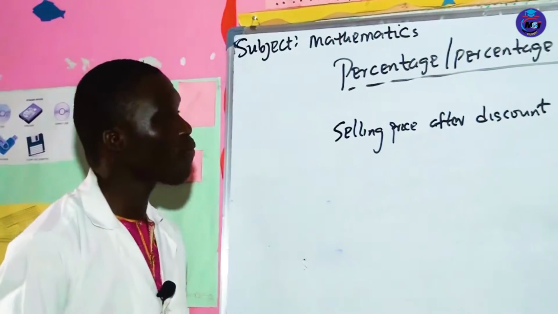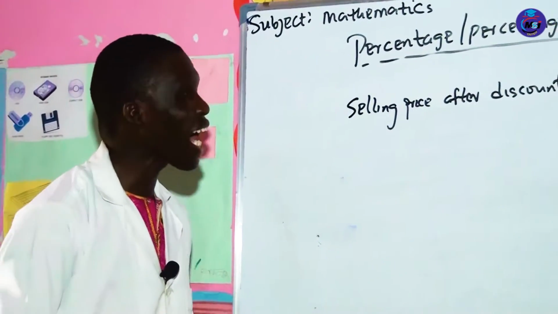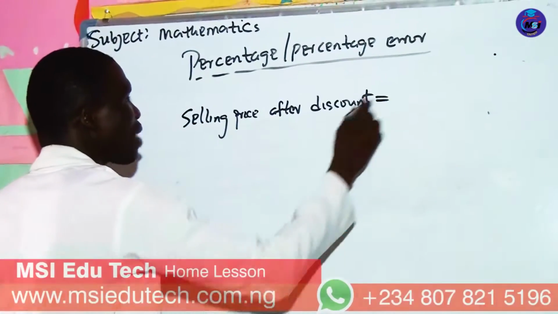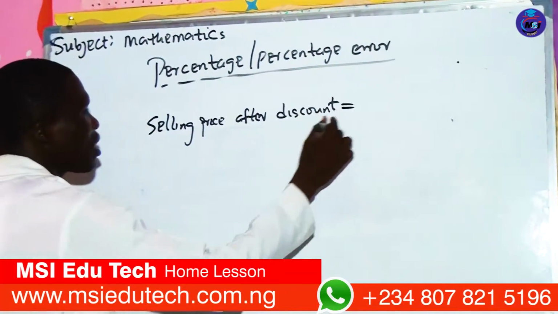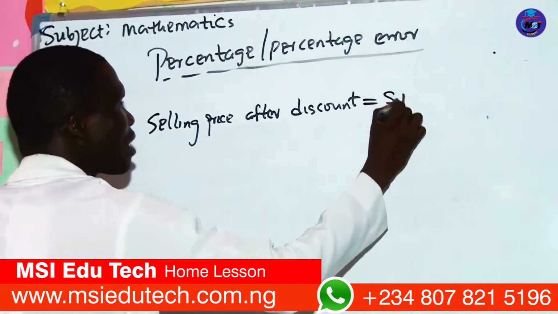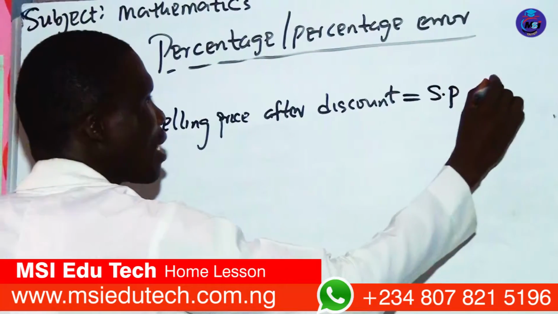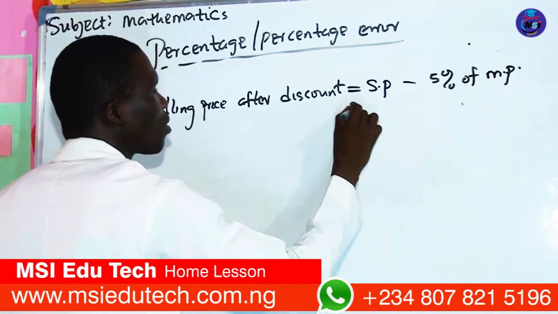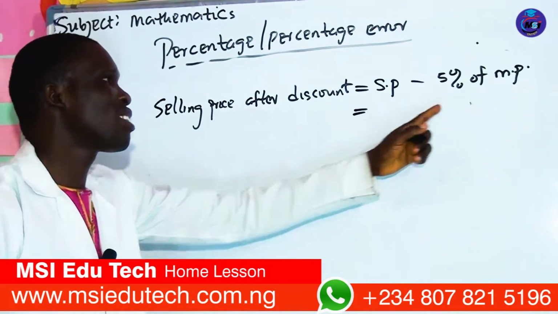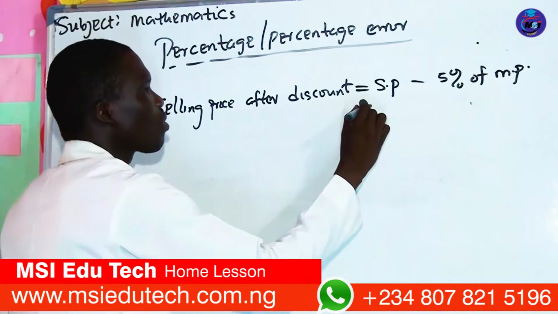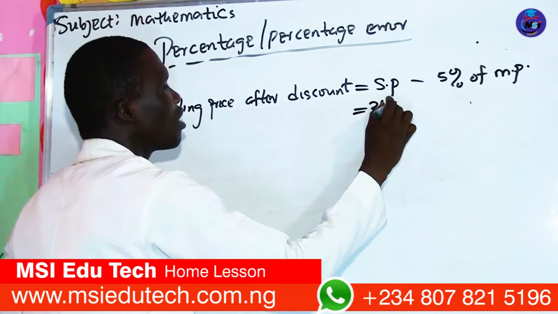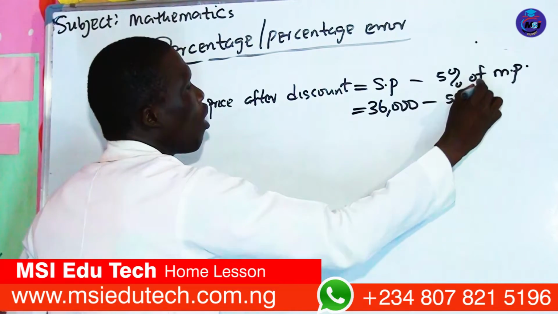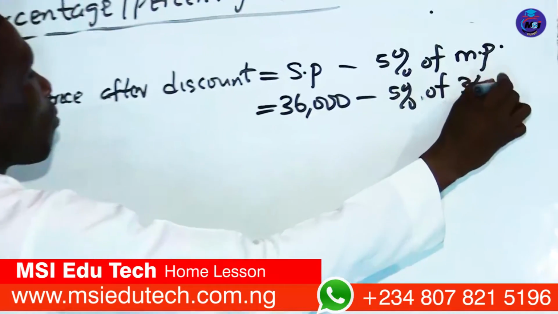Remember, discount of 5% was given out for that particular item. So selling price after discount will be the selling price before discount minus 5% of the mark price. Remember, selling price before discount is the same thing as mark price. So we have 36,000 minus 5% of 36,000.